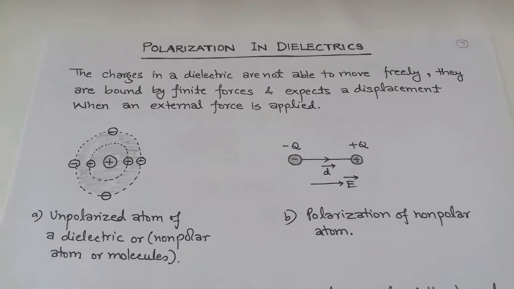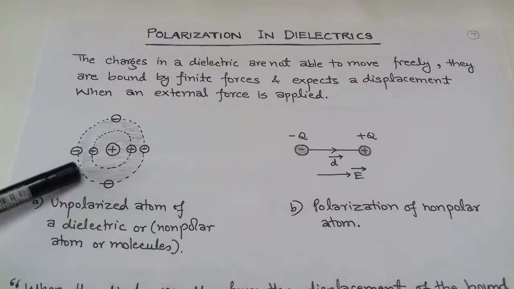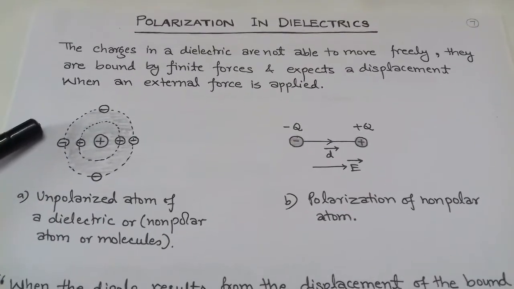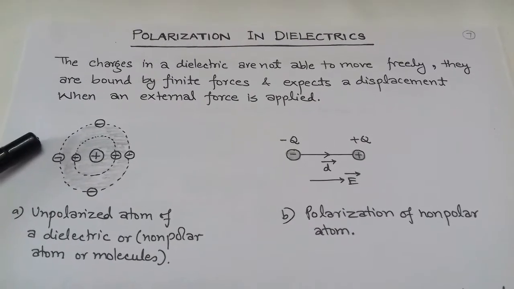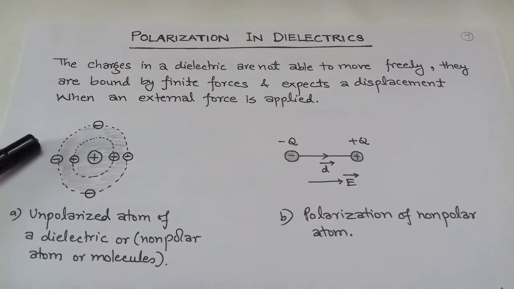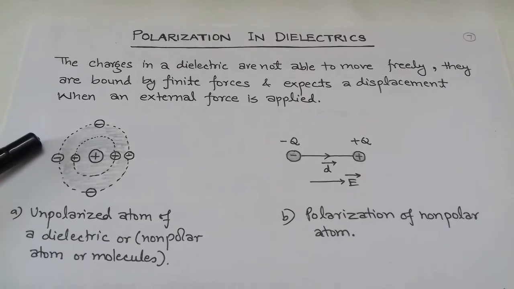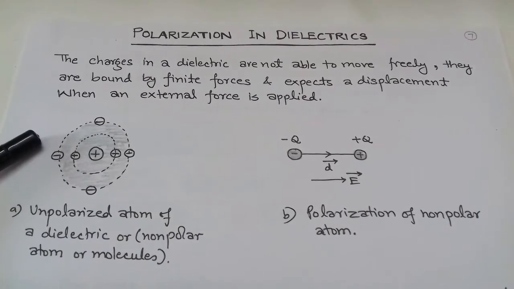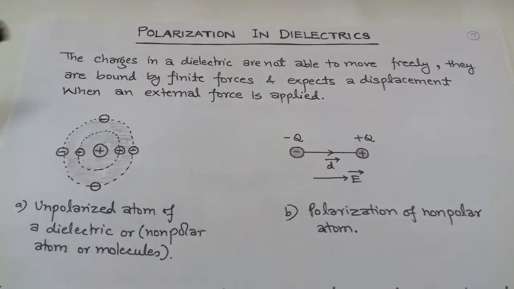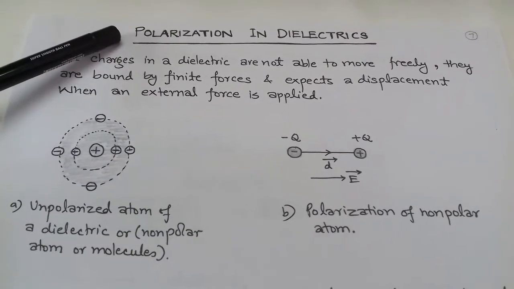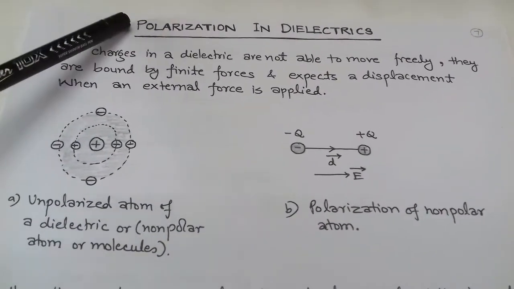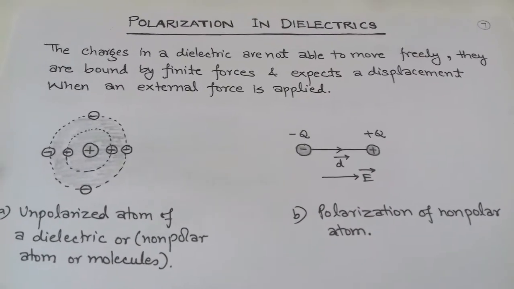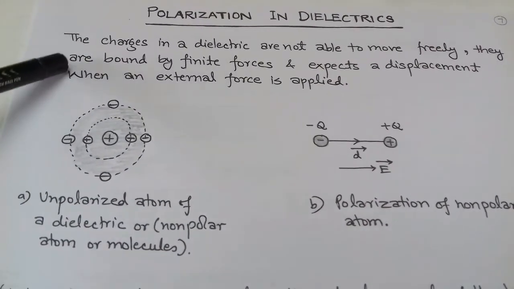Next topic is polarization in dielectrics. Now we know that dielectrics are non-conductors. They have few free charges for the conduction of current. Here in this topic we talk about polarization in dielectrics, how the polarization occurs in dielectrics.